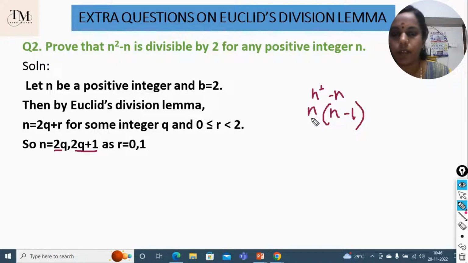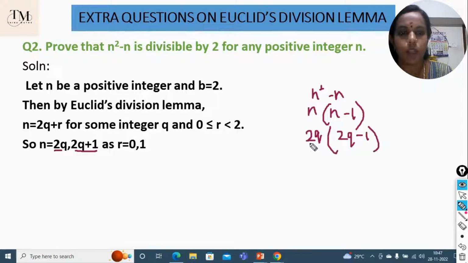Instead of n, we substitute the first value, 2q. So 2q into 2q minus 1. Already 2 is outside, so whatever the value of this integer, this is a multiple of 2. So we can easily say that n square minus n is divisible by 2.